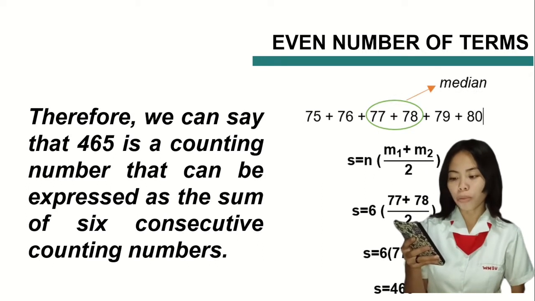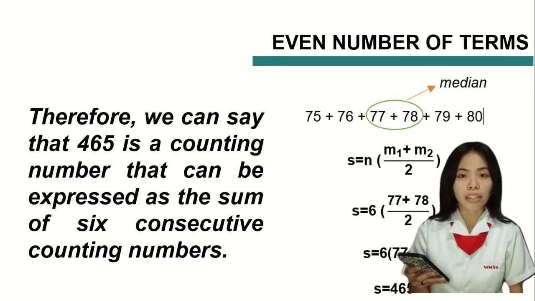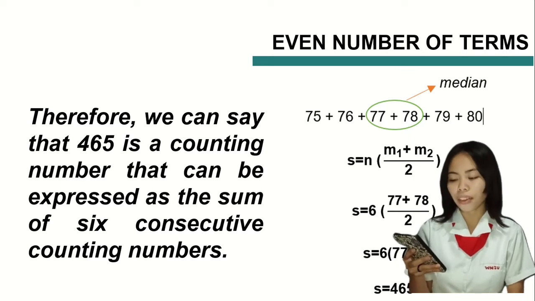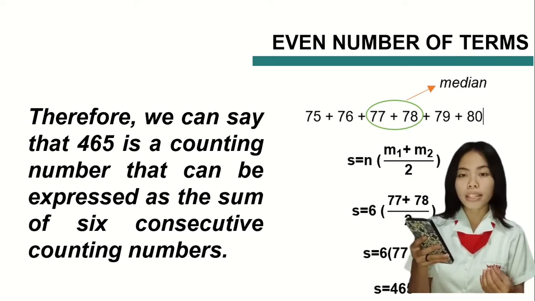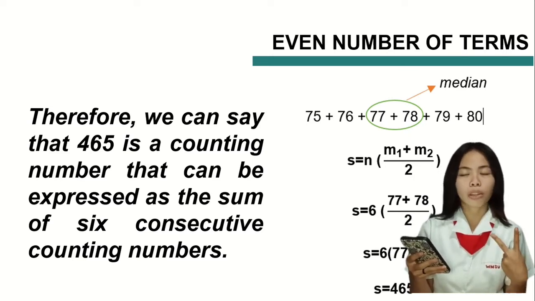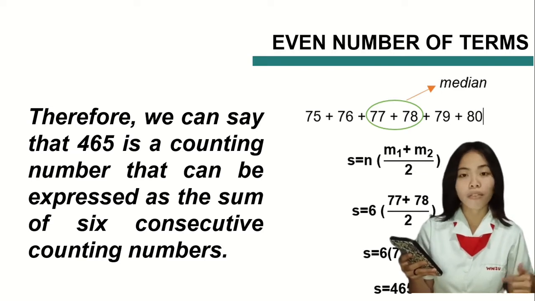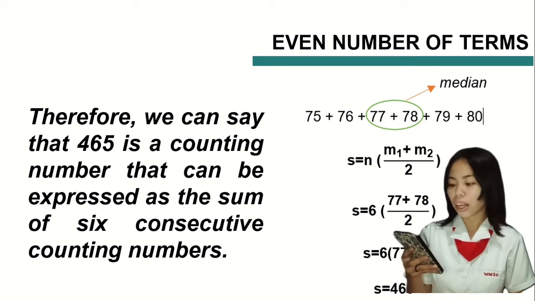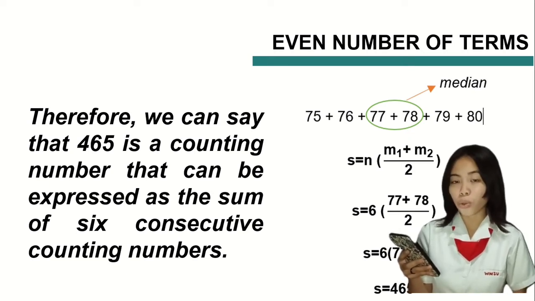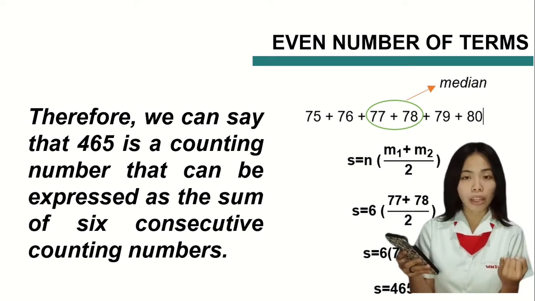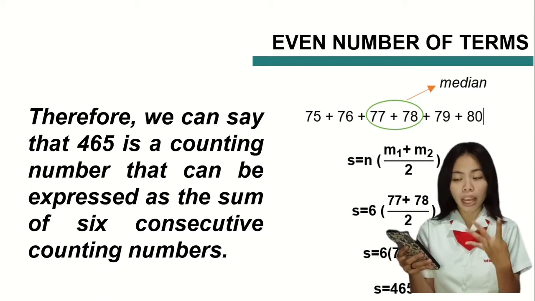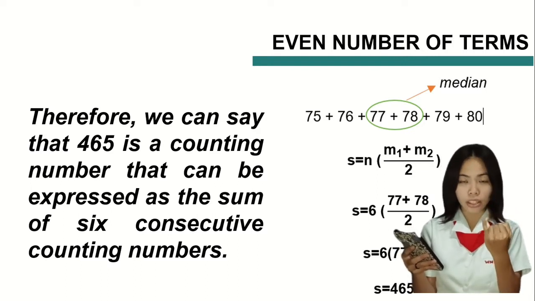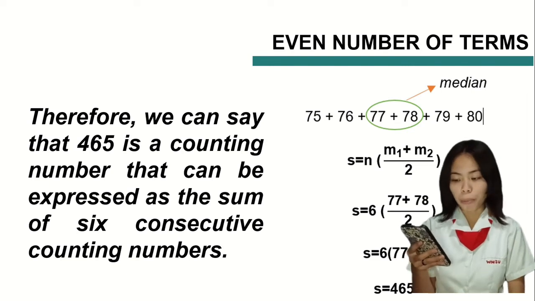The given terms are 75, 76, 77, 78, 79, and 80. We can see that the two middle terms are the medians, which are 77 and 78. So we substitute the given values. S equals 6, which is the N, because there are six terms, and 6 is an even number.